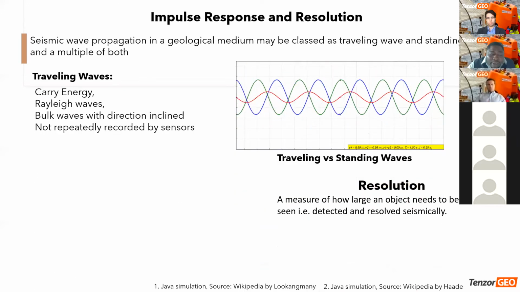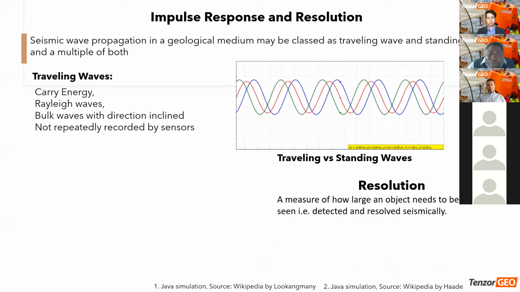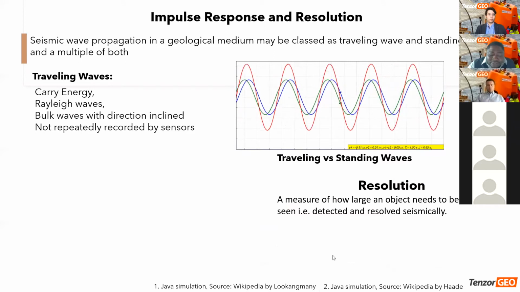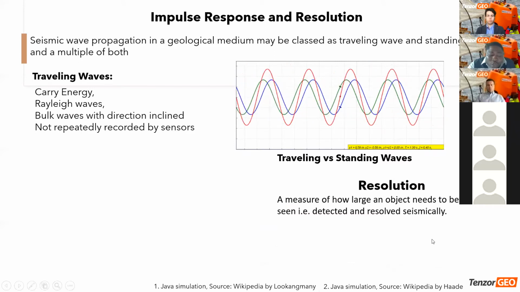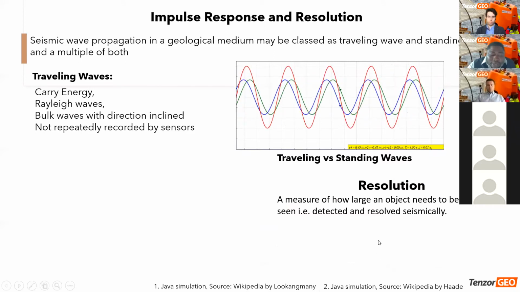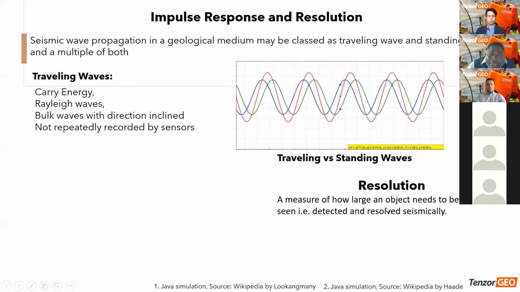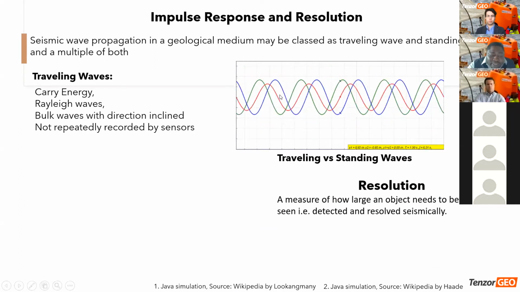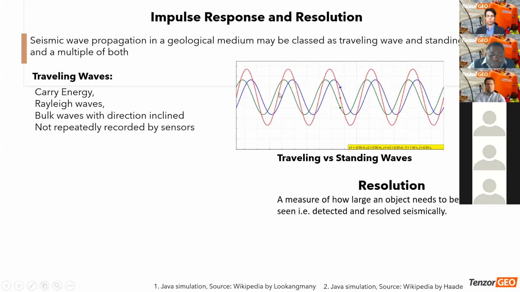Now, here within the traveling waves, we see two waves, one going back and the other one coming forth. So we have green and blue. And as you can see, the green moves to the right while the blue comes back to the left. These are traveling waves.